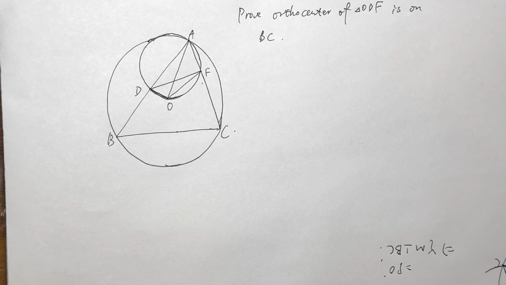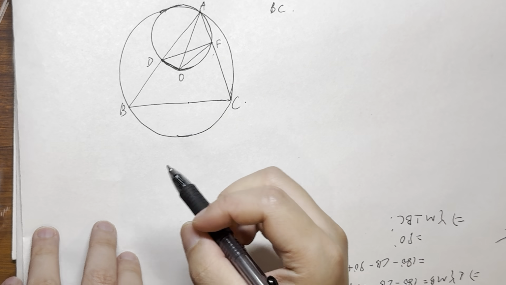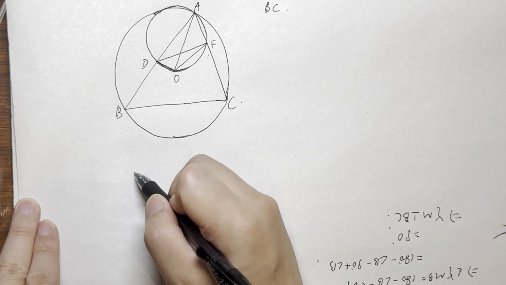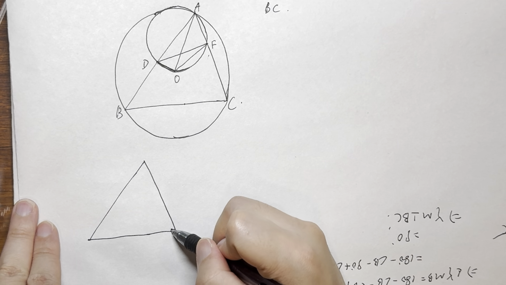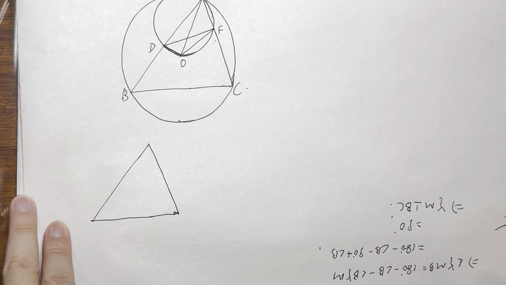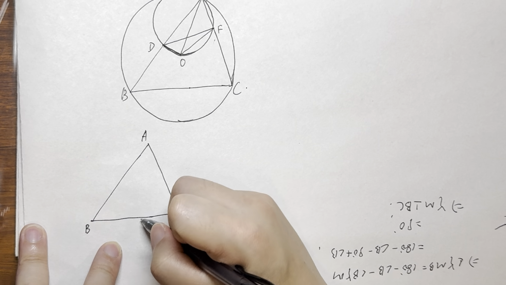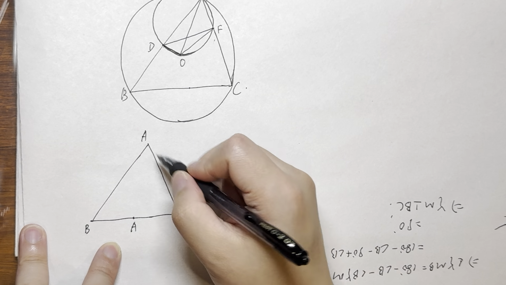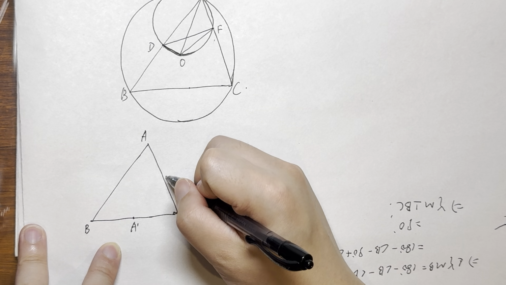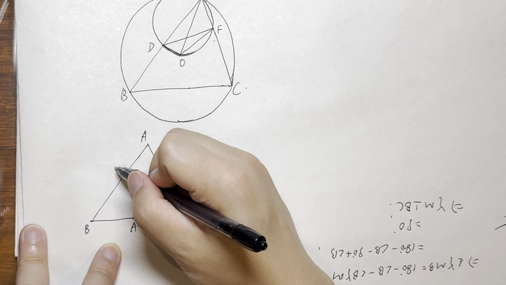So to prove this one, I want to remind the audience that we proved one problem before, which is Miquel's point. Right, if you remember, we find the triangle ABC and we find three arbitrary points on BC, CA, AB. So we have A prime, B prime, and C prime.